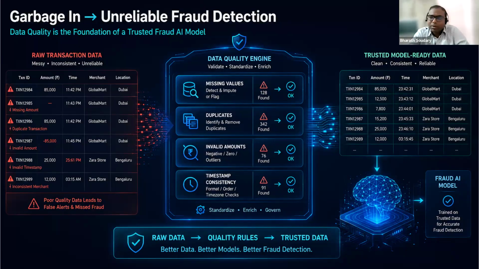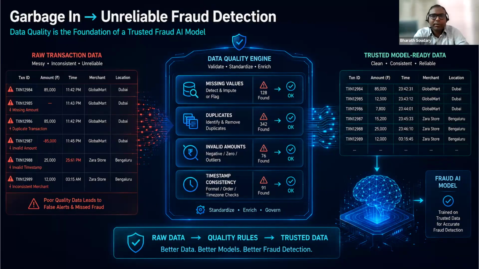For example, if a legitimate customer transaction is duplicated 10 times, the AI may incorrectly think the customer is performing unusual frequent transactions. So the key statement is: before asking AI to detect fraud, we must make sure the data itself is correct and trusted.